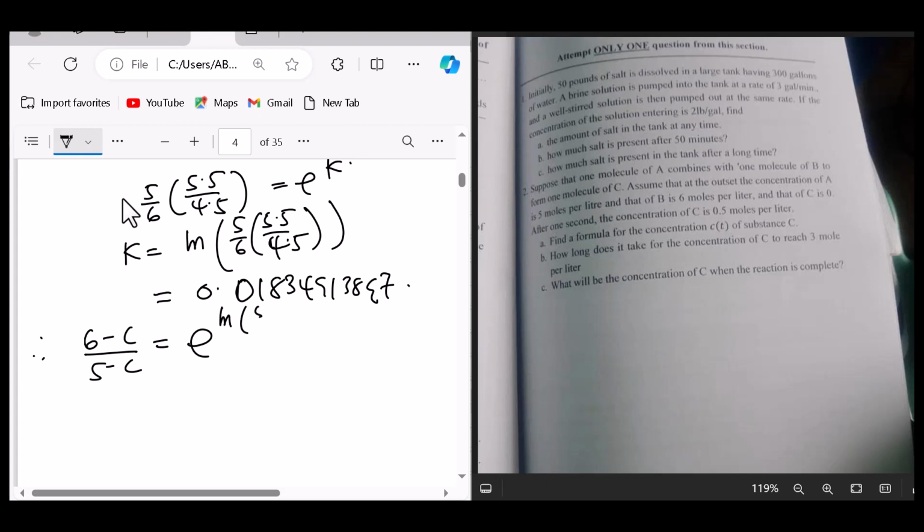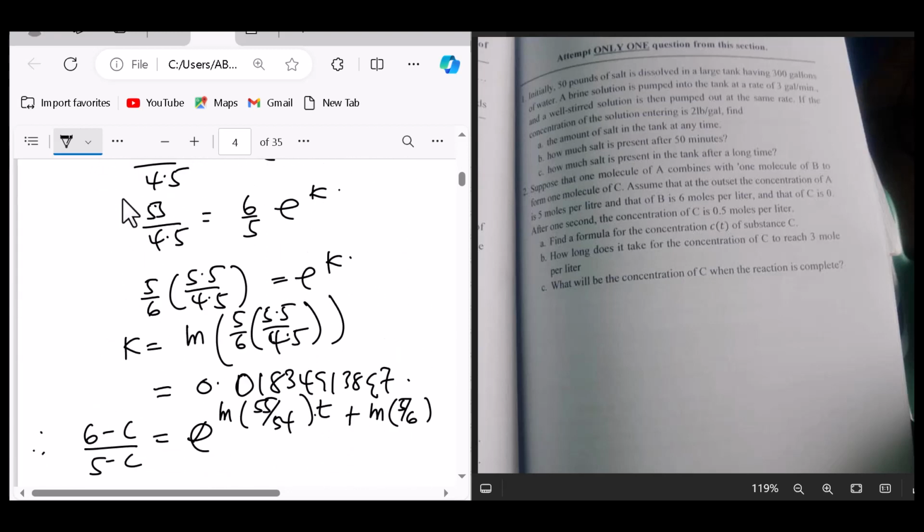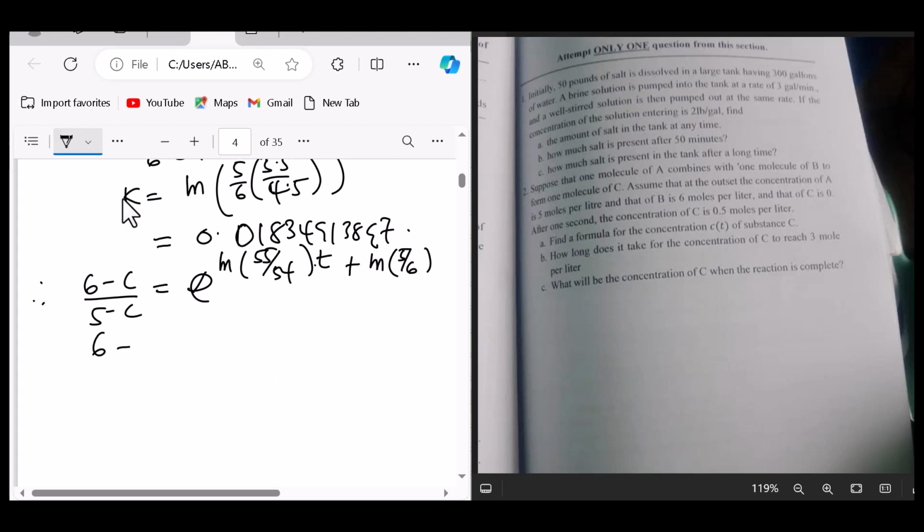So ln 55 over 54, times the t, plus the ln 6 over 5, which is just (6 minus C) over (5 minus C) equals 55 over 54 t plus 5 over 6.